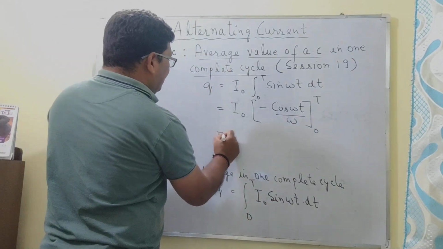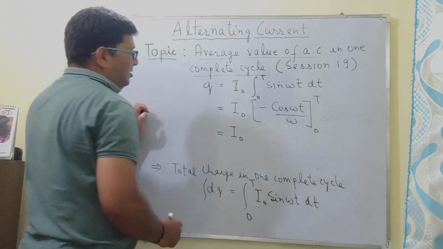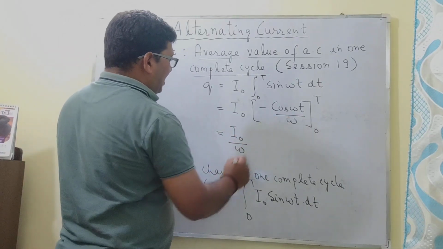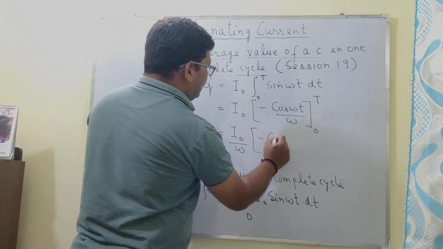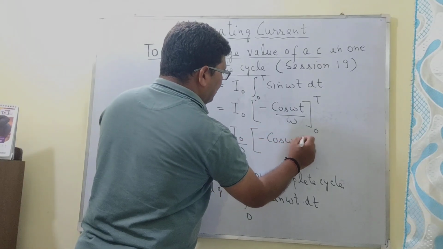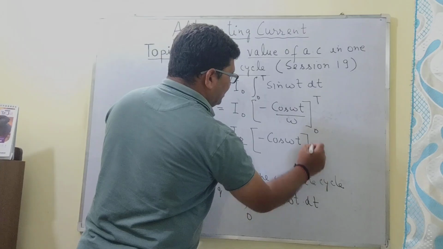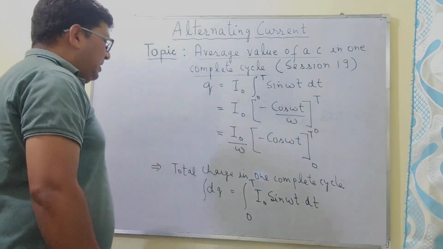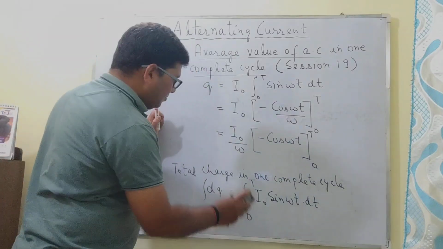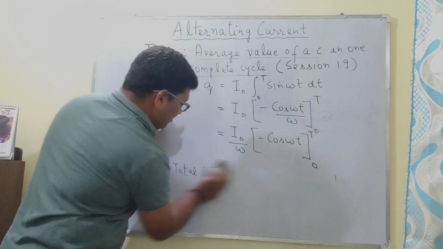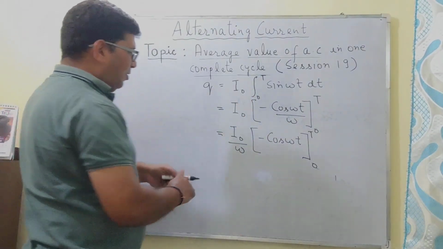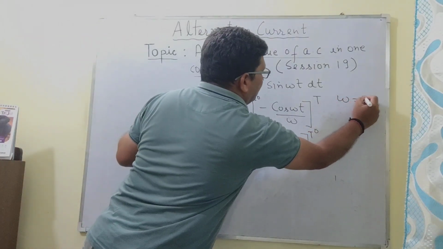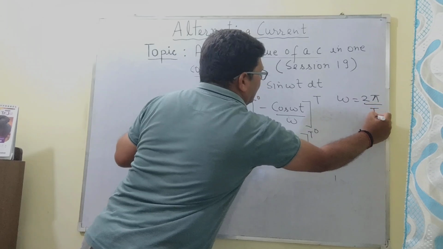So this can further be written as I naught divided by omega, times minus cos omega t within the limits of 0 and T. Now omega is equal to 2 pi upon T, where T is the time period.